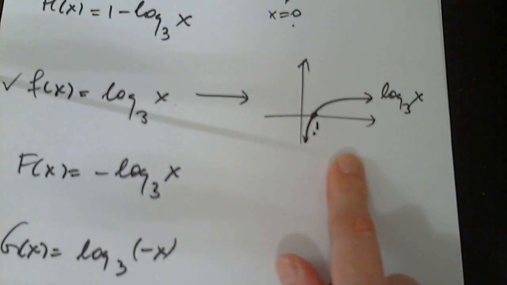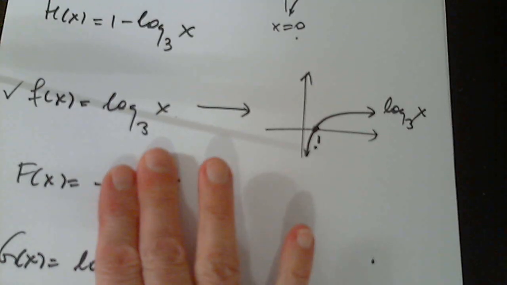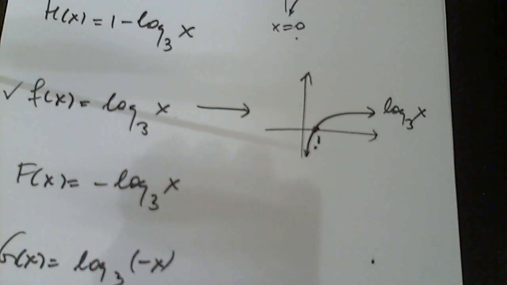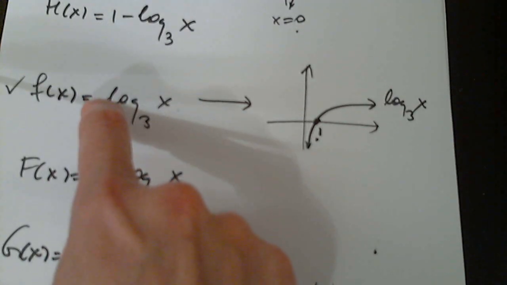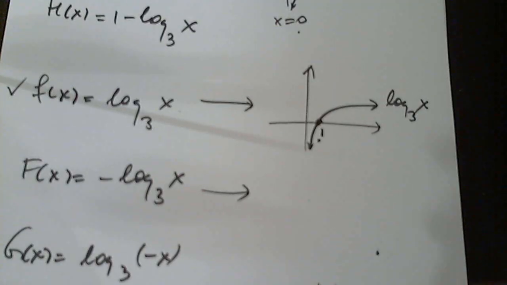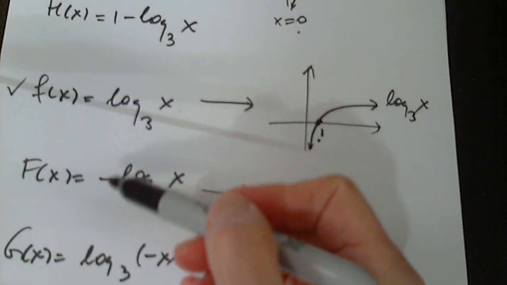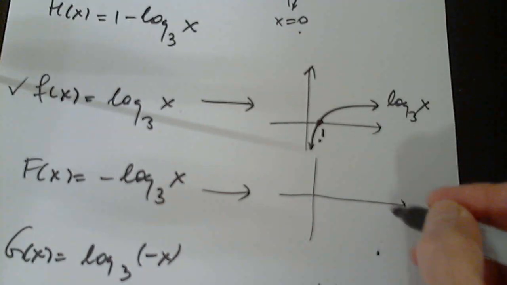This is the original graph. What does the opposite of the y value do? I'm not changing x. I'm just putting a negative in front of all y values. How will this graph look by comparison to this? When I replace y by negative y, it reflects, right? Exactly, with respect to the x-axis.